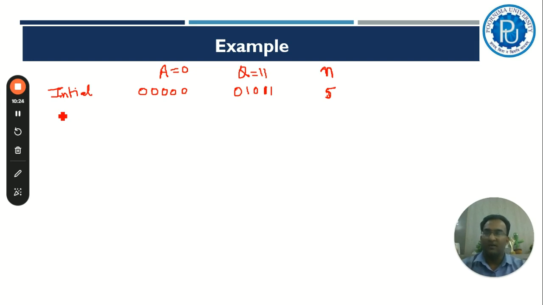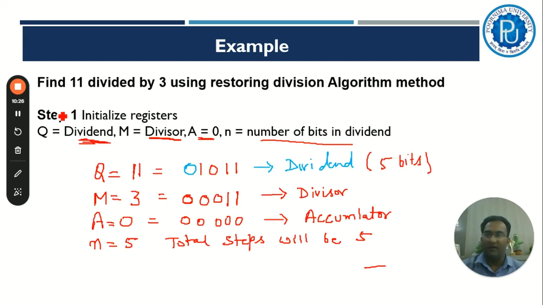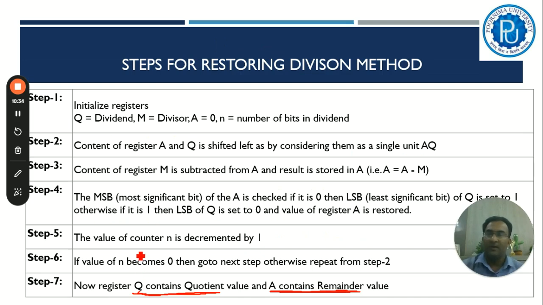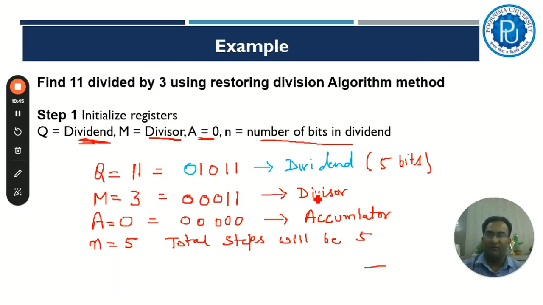Now we have one step in which we are going to do a subtraction. That is, we have seen over here in step number 3, we are going to have a subtraction. So A equals A minus M there. The M is holding the value of 3.